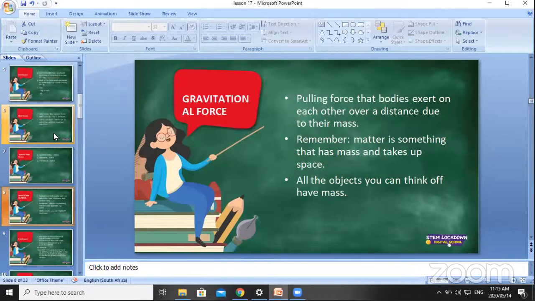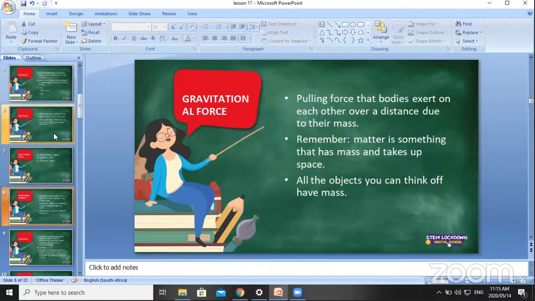Grade 9s, to understand gravitational force, please bear in mind balanced forces. There won't be any effect if balanced forces are acting on each other. If 5 Newton is acting against 5 Newton, there won't be any change because the forces are equal. Are we clear on that one?